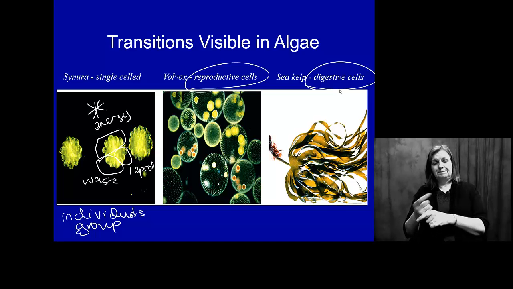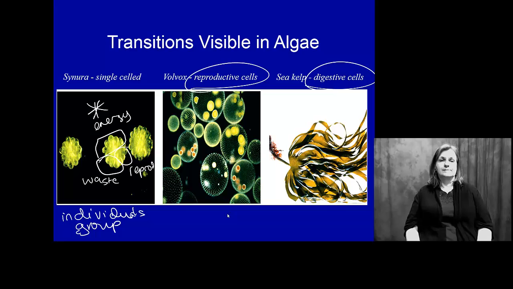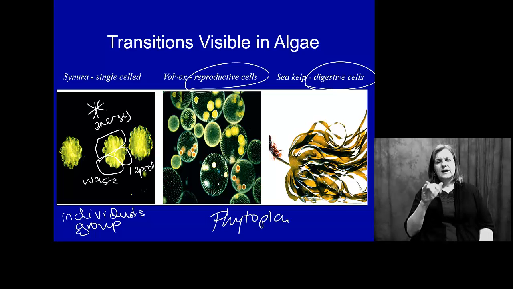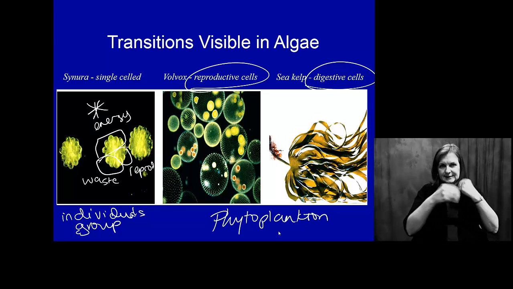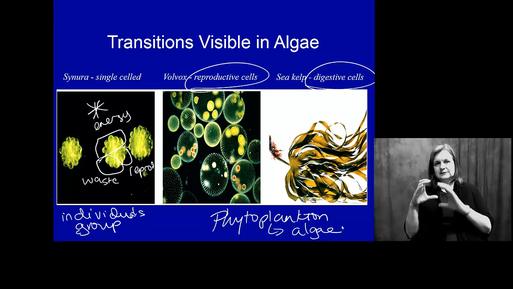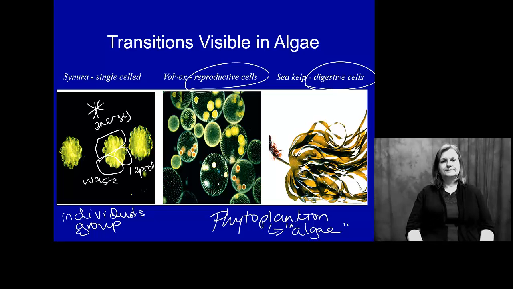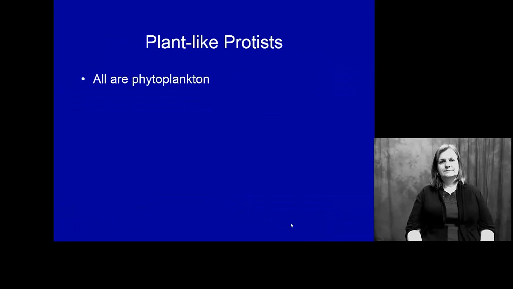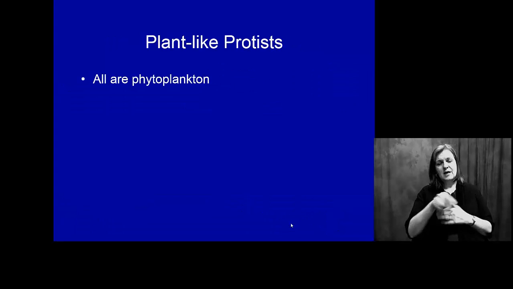Okay. So when we look at some of you may have heard the term phytoplankton before. It's the stuff the whales eat, right? Well, phytoplankton are all just single-celled plant-like protists known as algae. Okay? So all of these plant-like protists actually fall into this phytoplankton category.